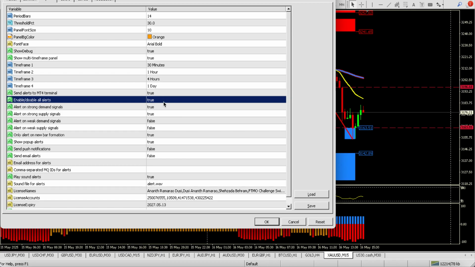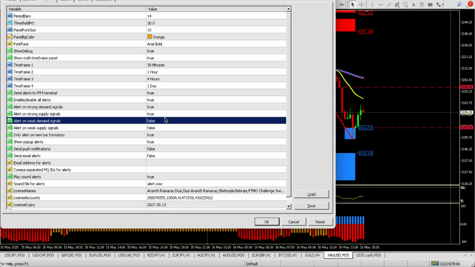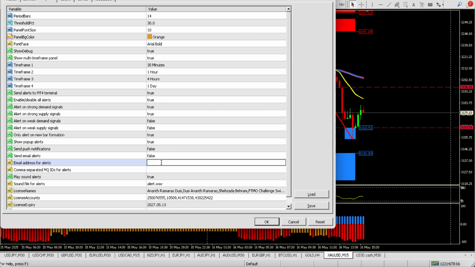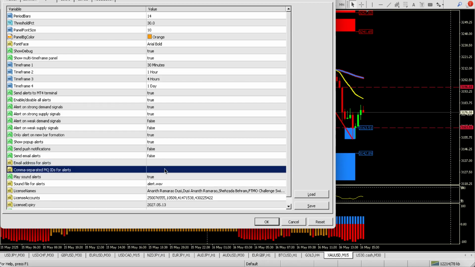So we have the option to send alerts to the MT4 terminal, and again we have send alerts via email. For the mobile application, you need to enter the MQIDs of the MT4 here, separated by commas.